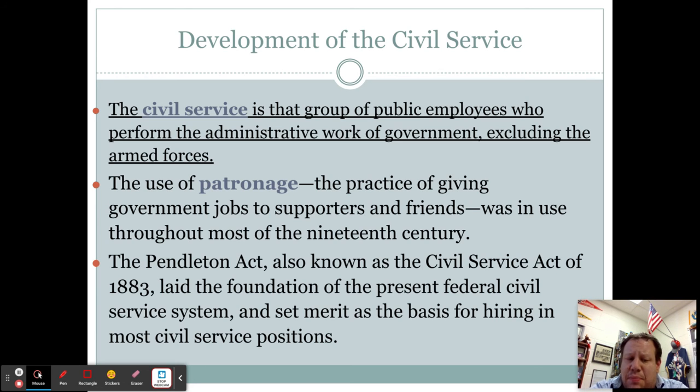You have to take a test now to prove you have some kind of knowledge base to do that. Even in the state of Wisconsin now, you have to take a test to get a full-time job with the government. I was a part-time employee with the DNR, so I didn't have to take that test. But when I applied recently for a job with the Historical Society, I had to take a test.